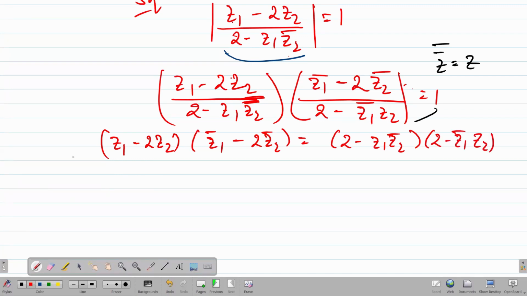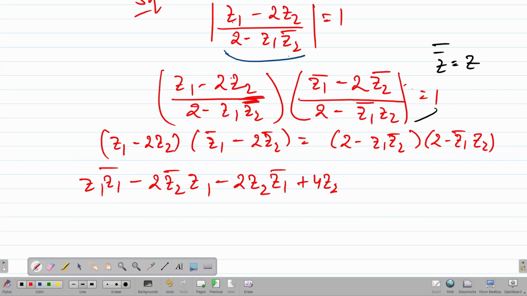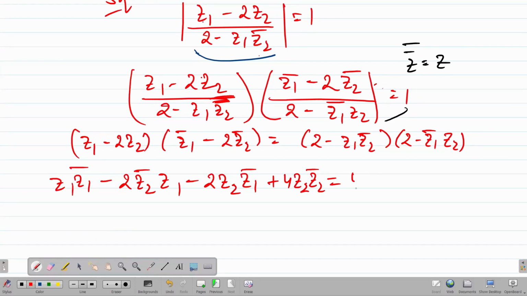On opening this bracket, what I get: z1 z1 bar minus 2 z2 bar z1 minus 2 z2 z1 bar plus 4 z2 z2 bar. On RHS, what I get: this is 4 minus 2 z1 bar z2 minus 2 z1 z2 bar and plus z1 z1 bar z2 z2 bar.